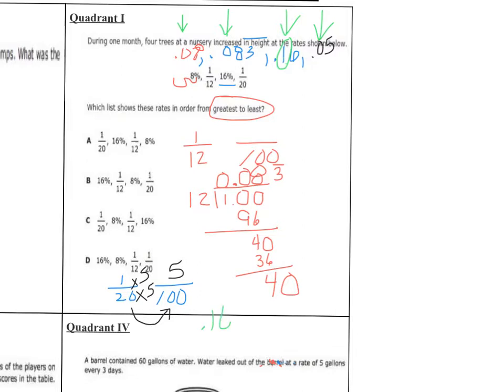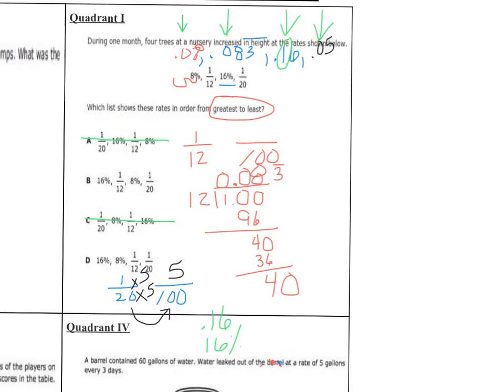It's the most value. So 0.16, remember it's 16%, so I know my answer choice is going to start with 16%. So I can automatically cross off the 2 answer choices that don't start with 16%.